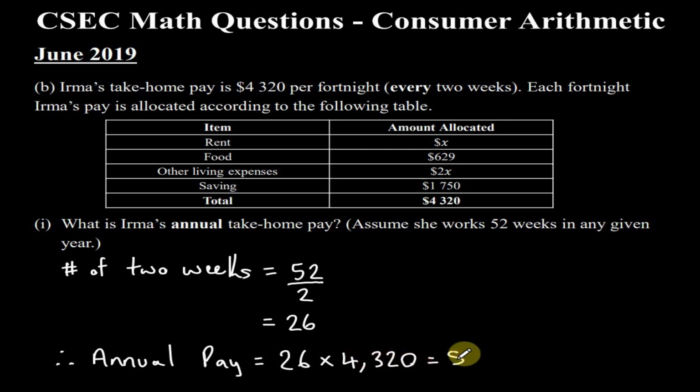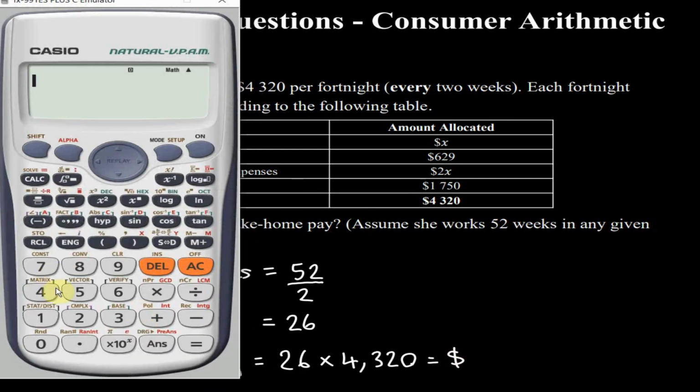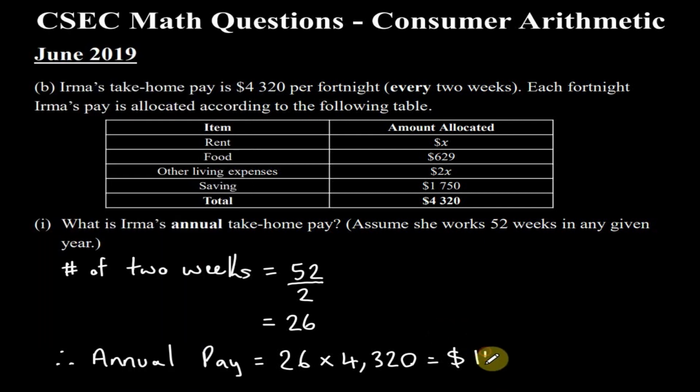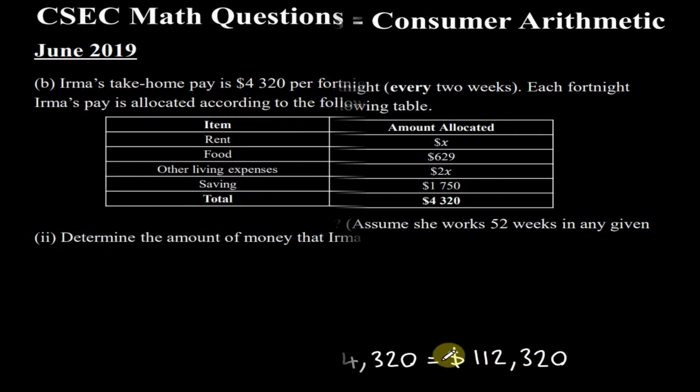So let's see what we'll get here. And again, I'll use my calculator to aid me here. So it's 26 times 4,320. And we're getting $112,320. So $112,320. So this would actually be her annual salary or yearly salary.